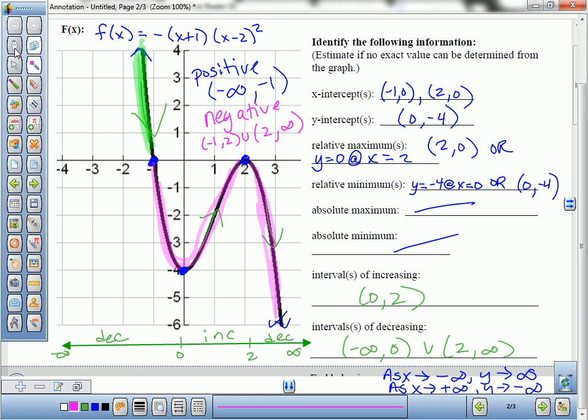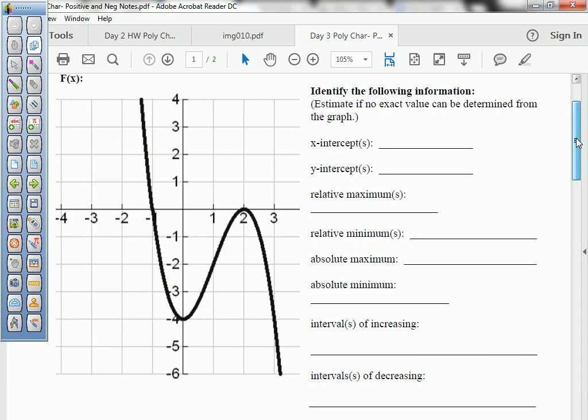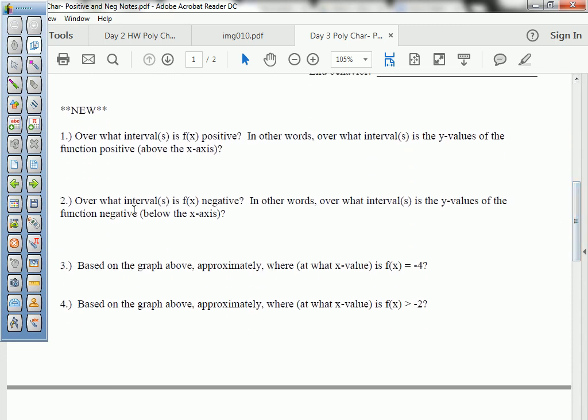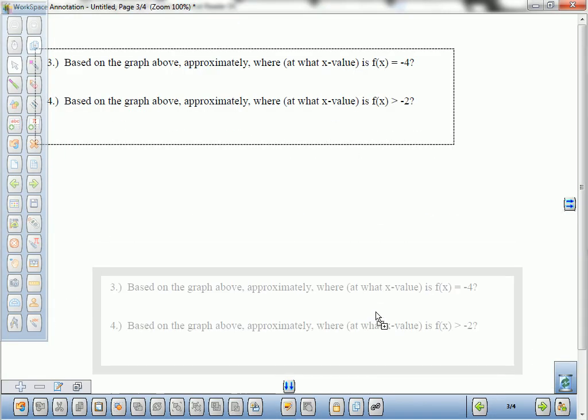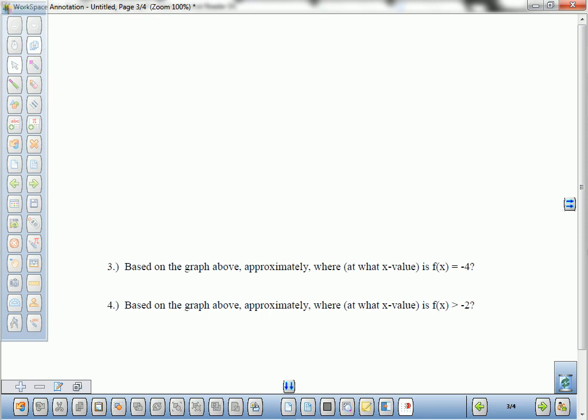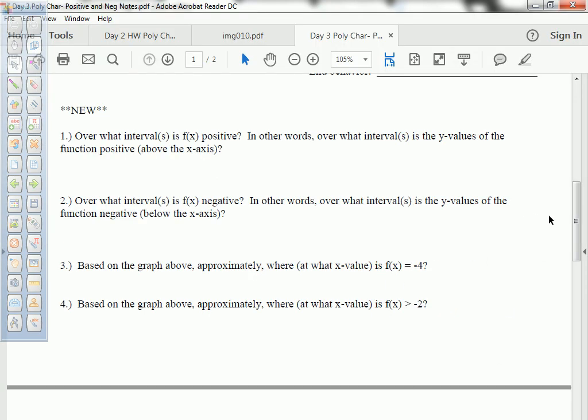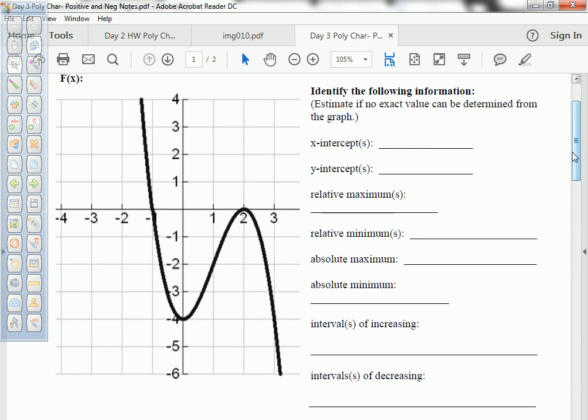Okay, now let's look at the last two questions. All right, this says, based on the graph above, approximately where is the function equal to negative 4? And where is it greater than or equal?